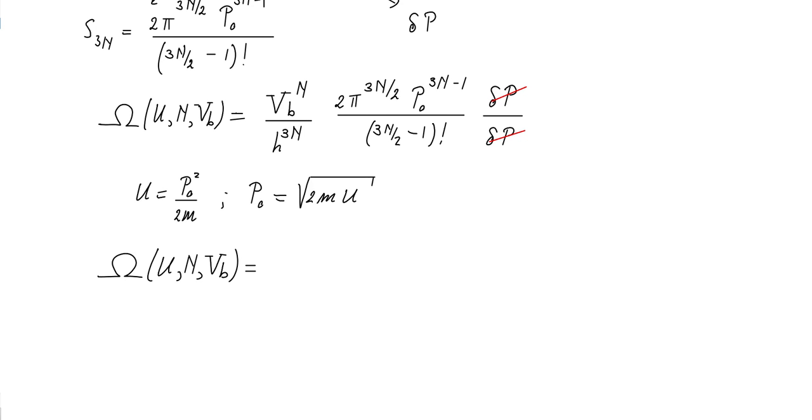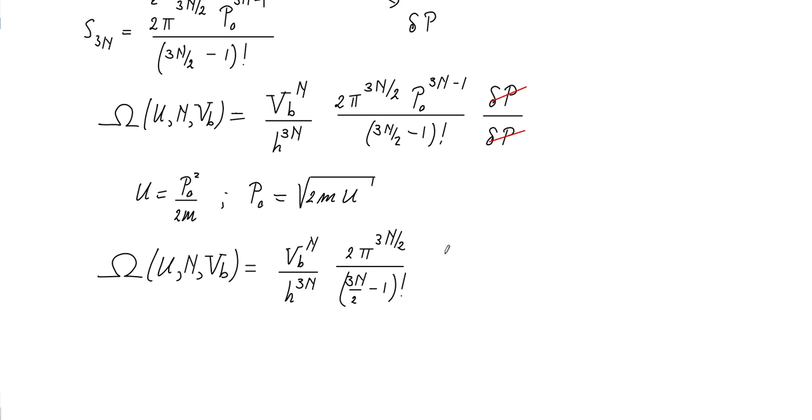So now we can write this multiplicity as follows. First we have the VB raised to the power n divided by h to the power 3n. Then we have the terms that we had before, 2 pi raised to the power 3n over 2 divided by 3n over 2 minus 1 factorial.